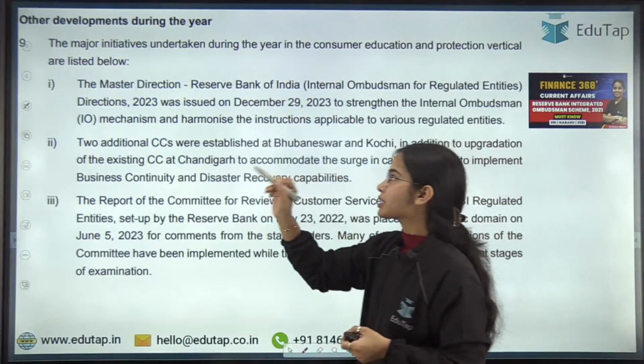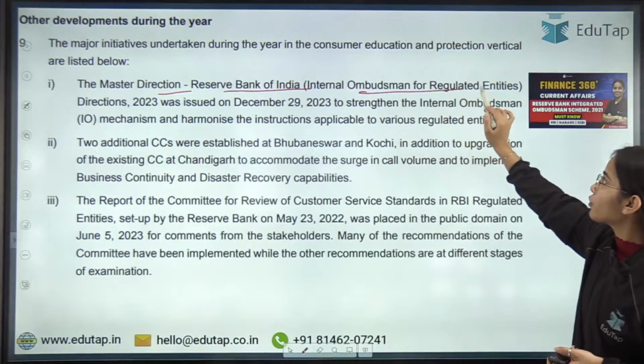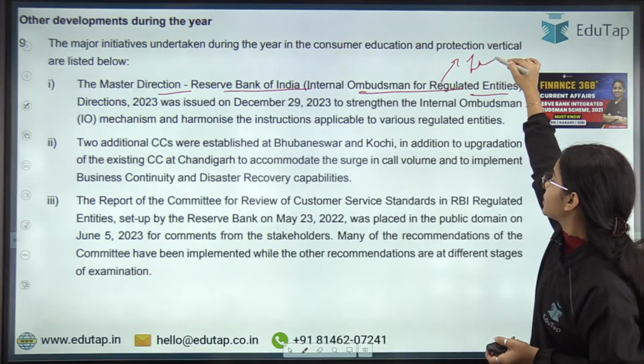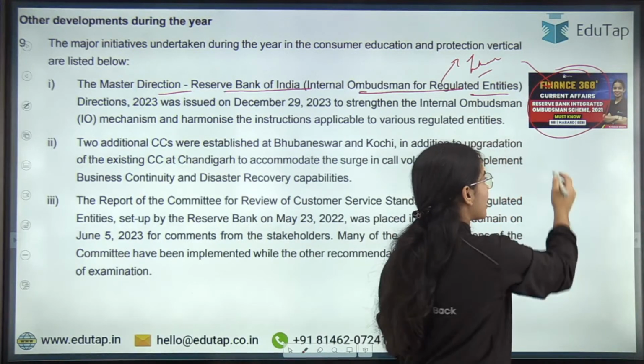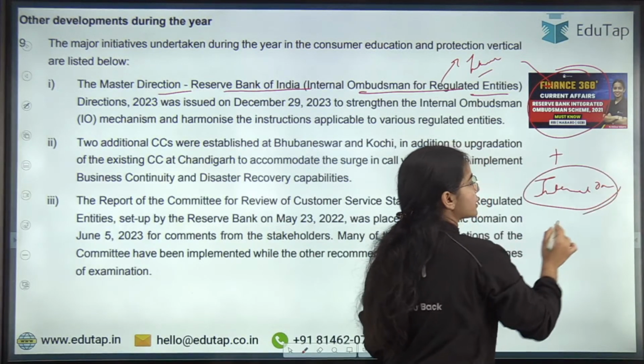First of all, there was the master direction released for the Reserve Bank of India internal ombudsman for regulated entities. We have discussed the integrated ombudsman scheme as well as the internal ombudsman scheme in our previous session.